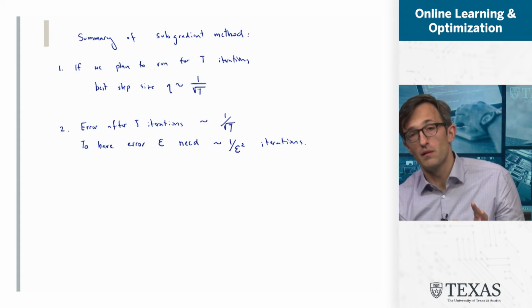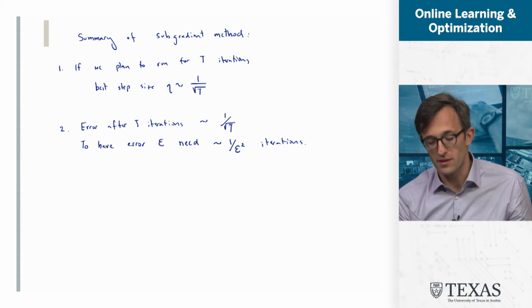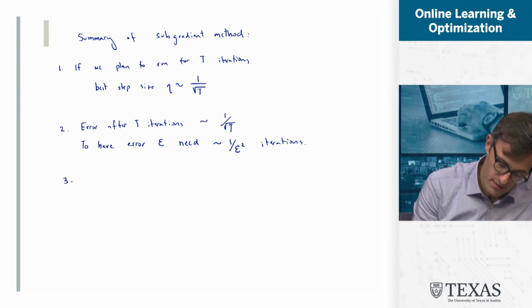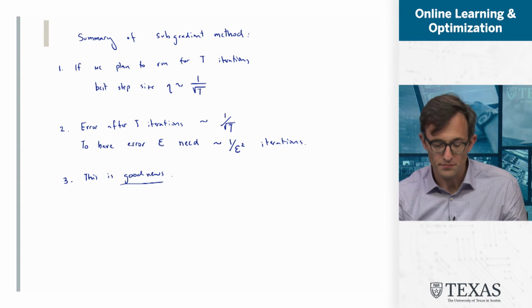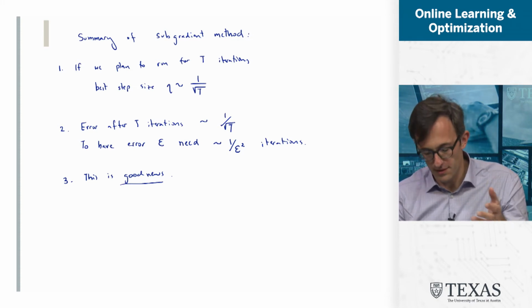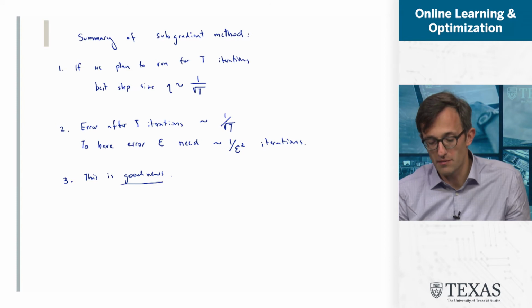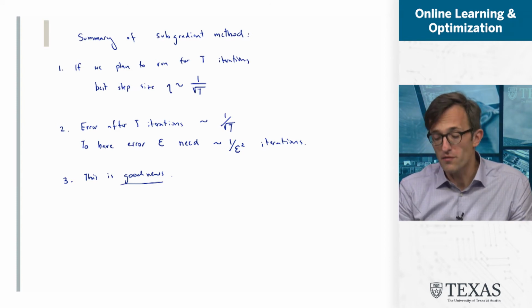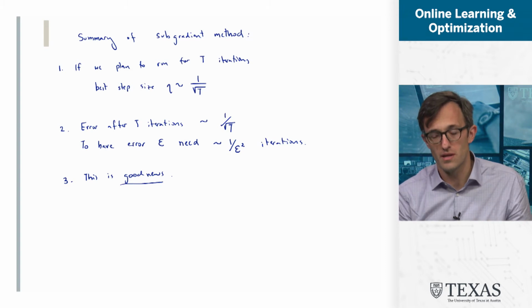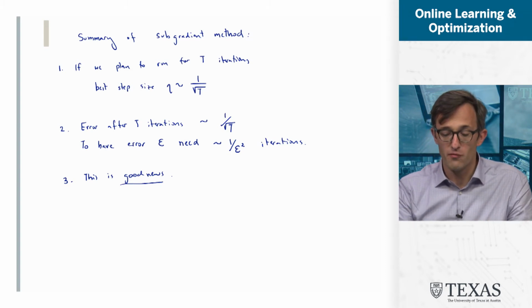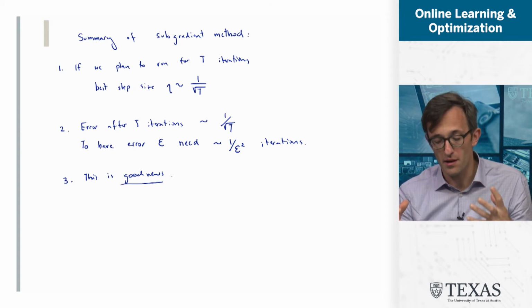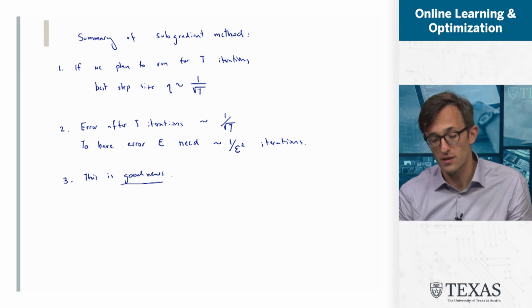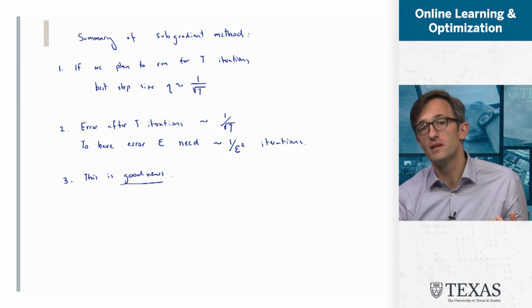So first of all, this should be good news for us, because what this tells us is that subgradient descent works. We had already said that the subgradient method is not even a descent algorithm. But here we showed that if we run it for t steps and we average the iterations, the subgradient method gives us an algorithm for obtaining a point which is 1 over root t suboptimal.